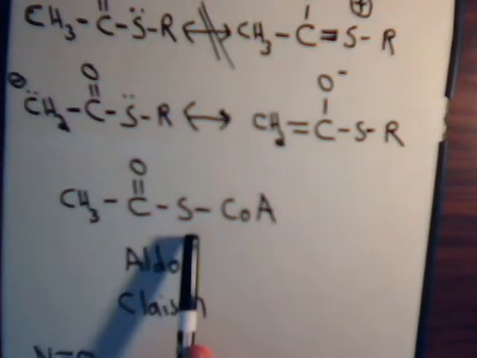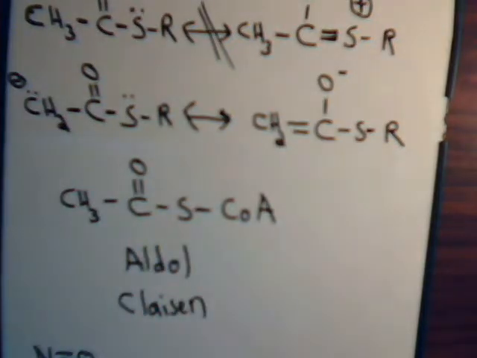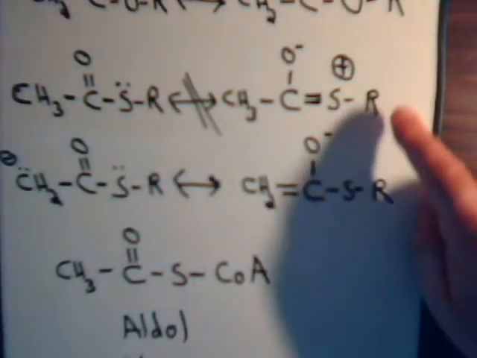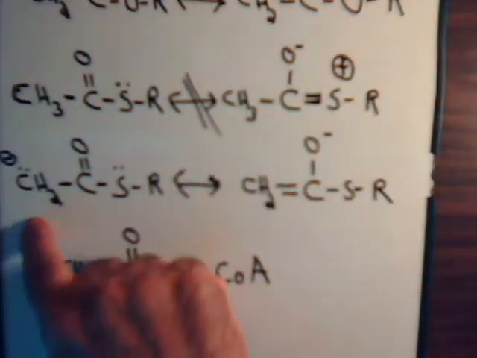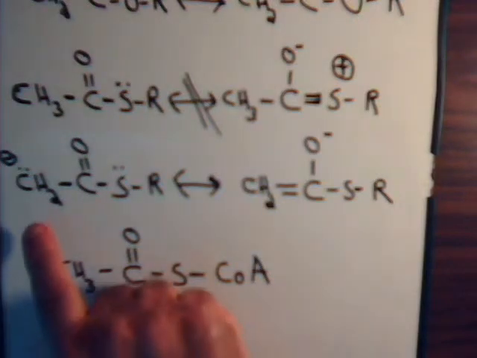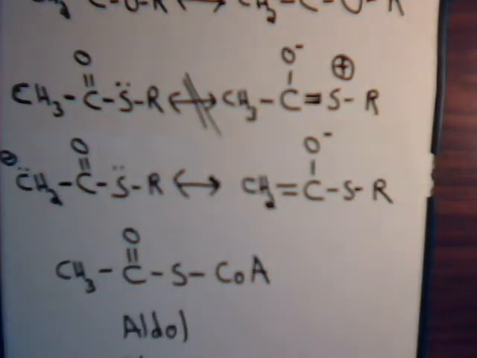And again, that's why that sulfur atom occurs right there in acetylcoenzyme A, because of the mismatch here making it possible to form that essential carbanion.